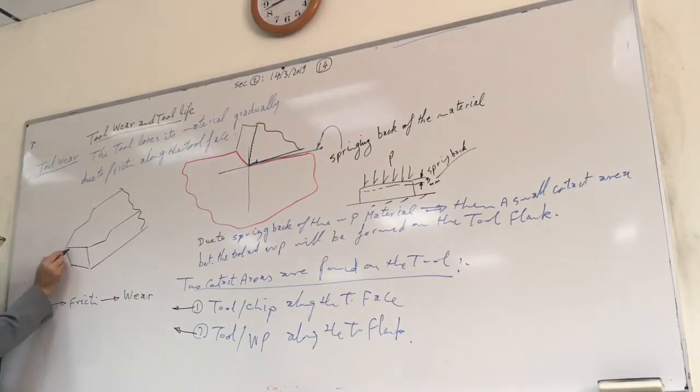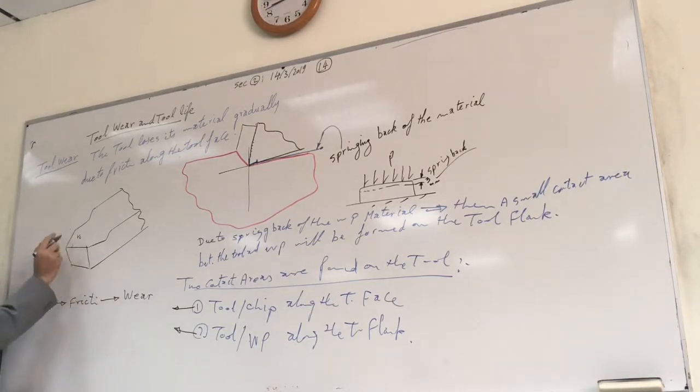The chip velocity VC flows normal to the cutting edge, this edge at 90 degrees. This is VC. Okay? It slides along the tool face.